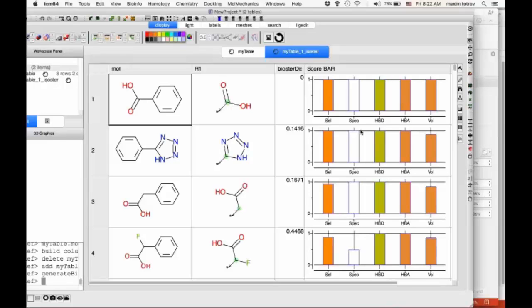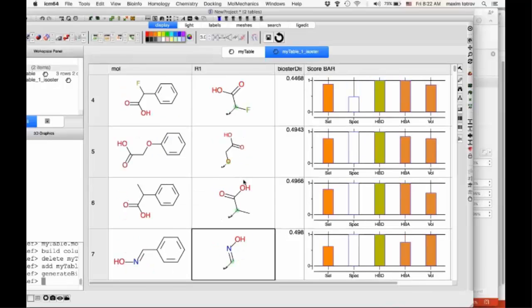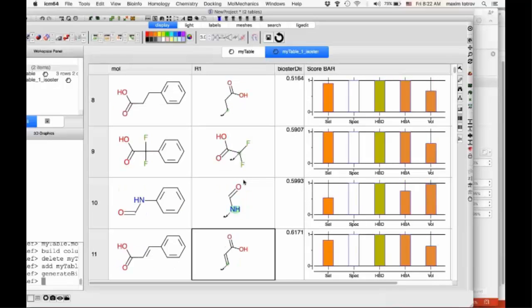The volume is slightly off because it's a little bigger, but otherwise it is perceived as a match across the other terms, and then there are some variants with carboxylate a little bit elongated. Again, we get some drop in one or another term as it gets bigger.